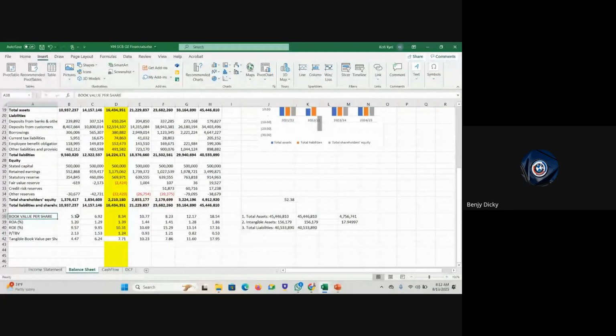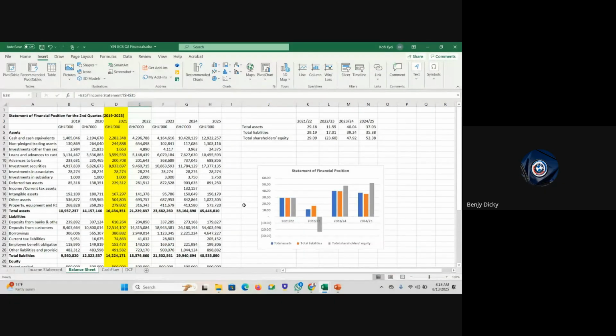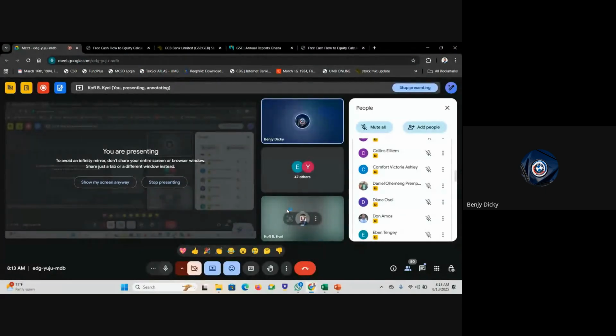Please, I want to ask a question. Please go ahead. So if I want to take maybe Standard Chartered Bank and analyze it, I have to go to the site to get their annual report, come and input them in Excel, then I begin from there. Is that right?